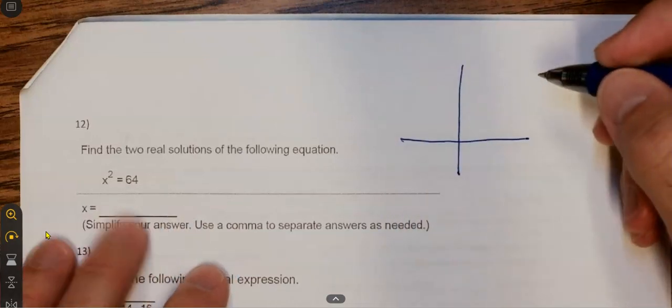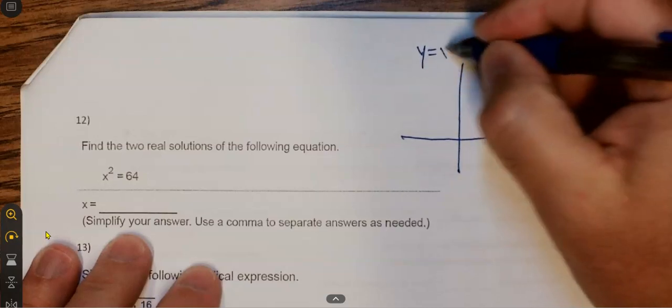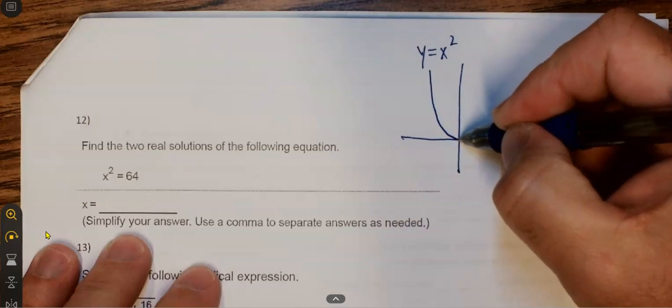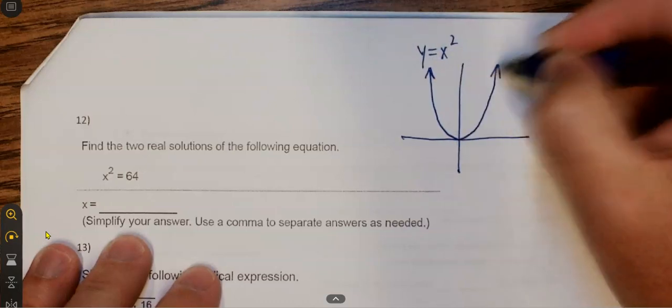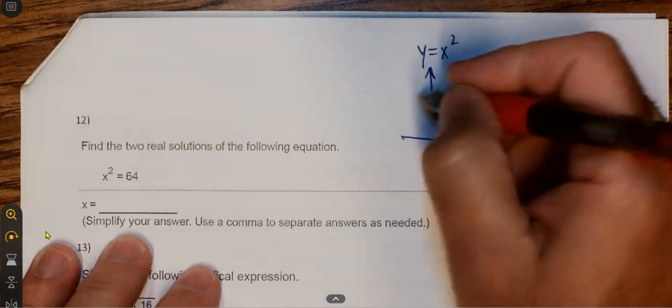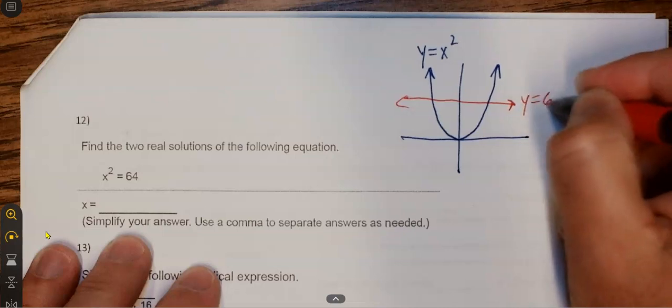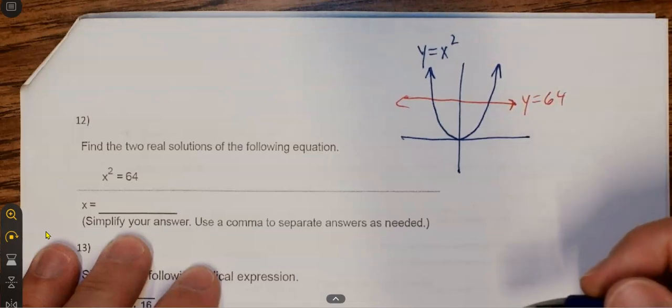Okay, when we did this question before, I had you graph y equals x squared, which is a parabola. Then I also had you graph y equals 64, which is a horizontal line.